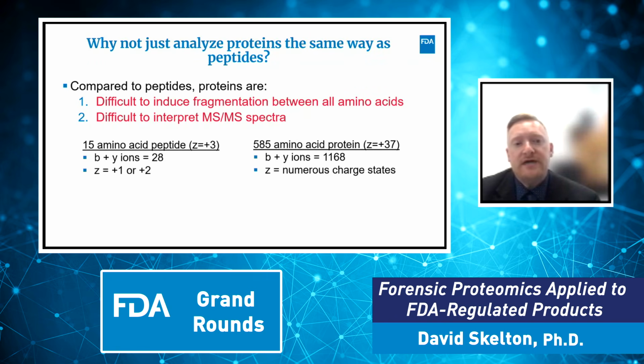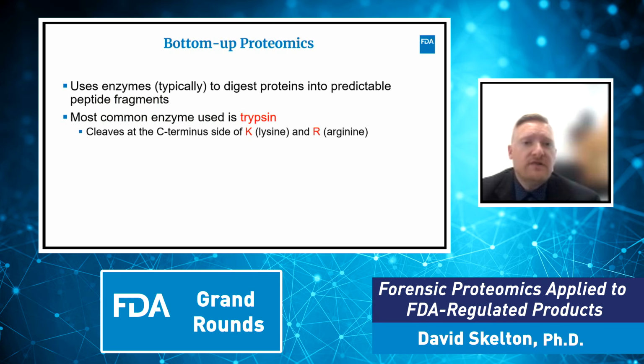So for a 15 amino acid peptide, there's only 28 theoretical B and Y ions that would be generated, whereas for our HSA example, we would have nearly 1,200 B and Y ions that we have to account for in the fragmentation spectra.